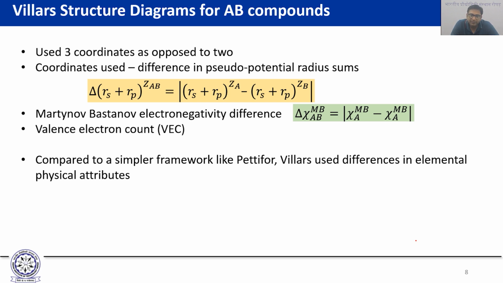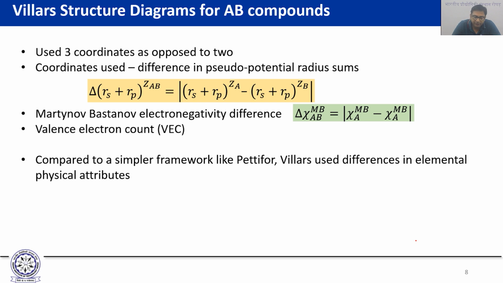One way is you simply take the weighted average, so you work directly with the numbers for the elements. The other way is you start looking at how much asymmetry or difference there is. So Pettifor's approach was the first one, where he was using the numbers themselves, basically the electronegativities, whereas in case of Villars, he was looking at the difference.